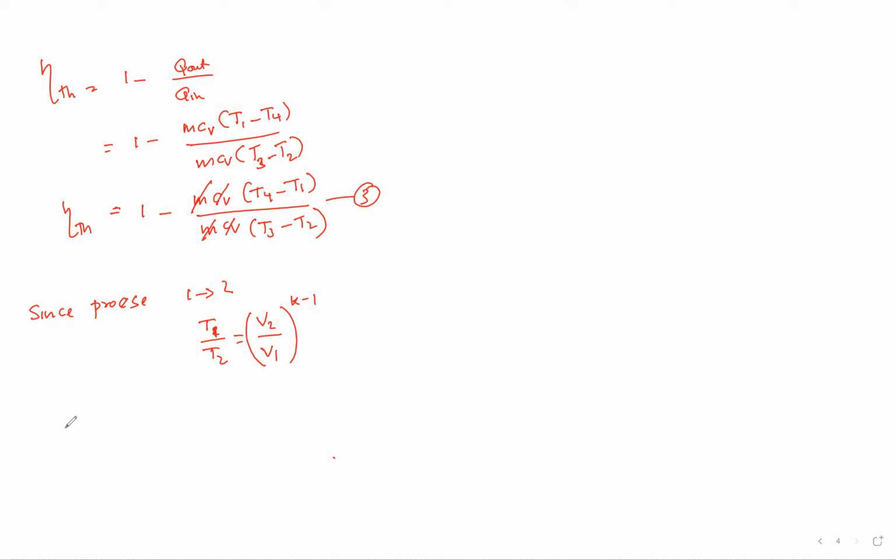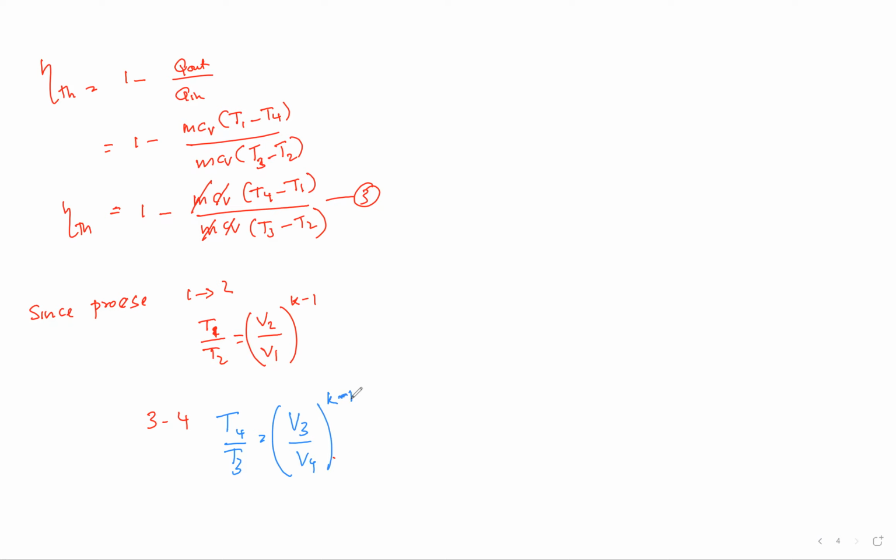And for the process 3 to 4, I can also write T4 over T3 is equal to V3 over V4 to the power K minus 1.